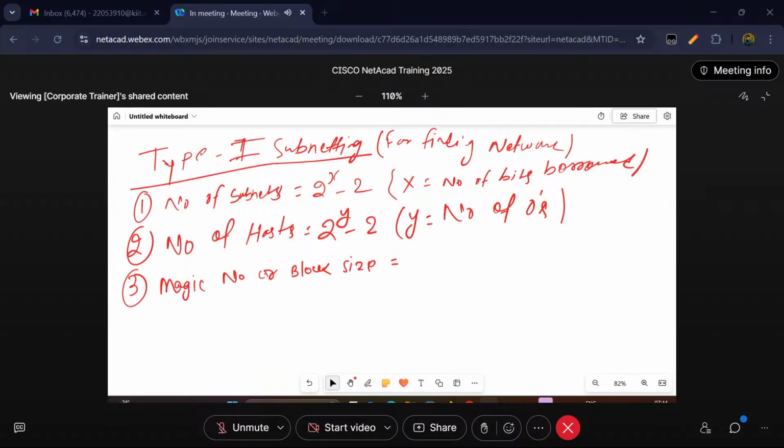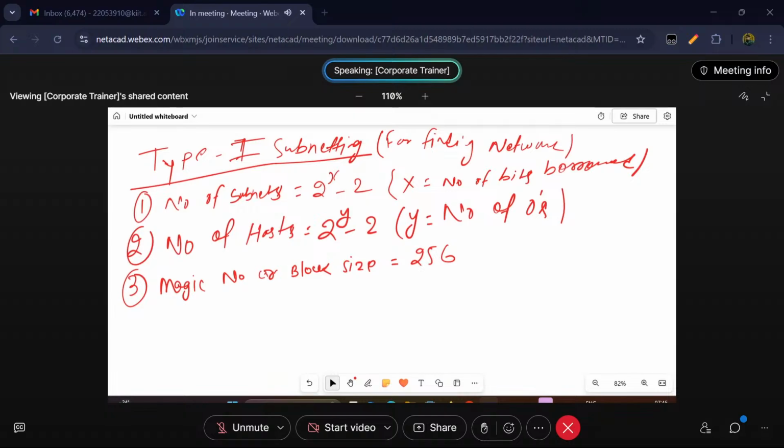Of this particular magic number, I mean, it is equal to 256 total. If we take an example of any IP address and any octet, with values from 0 to 255, how many total addresses will you get in each and every octet? 256 total addresses. So from these 256 addresses, you have to subtract the mask value.